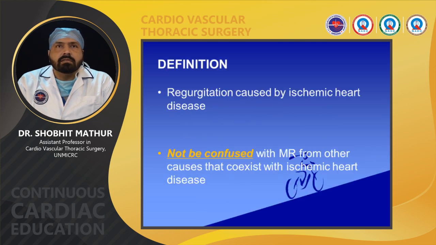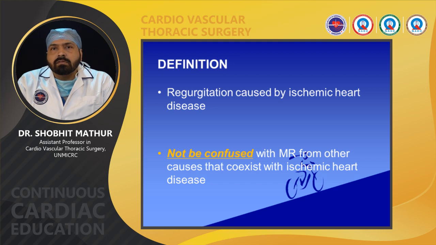So starting with the presentation, firstly we'll start with the definition. MR is basically mitral regurgitation. We all know what mitral regurgitation is. Regurgitation caused by ischemic heart disease is ischemic MR. It is not to be confused with MR from other causes that may coexist with ischemic heart disease.